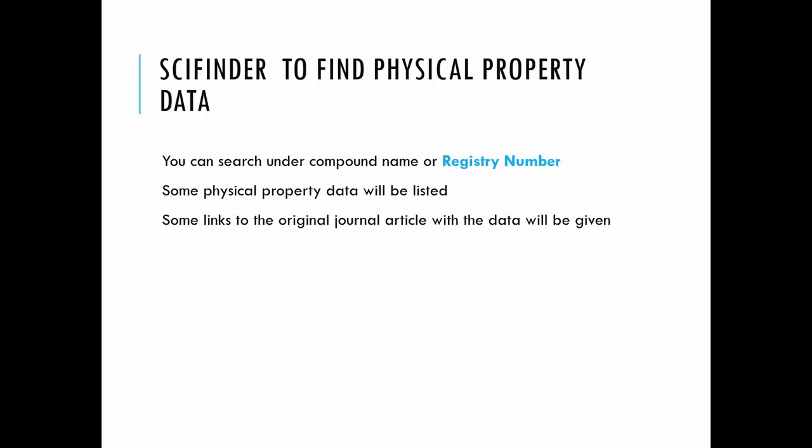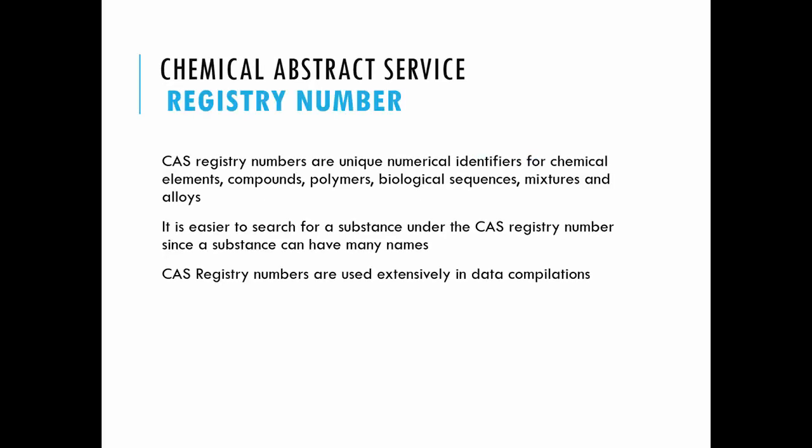And when you search for a chemical substance, it may actually be easier to search on the registry number rather than the name. Okay, so again, chemical elements, compounds, polymers, biological sequences, and so on are given CAS registry numbers. And as we'll see a little later, they're used extensively in data compilations.